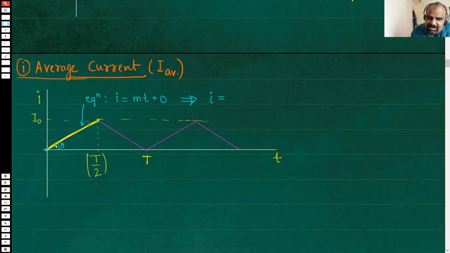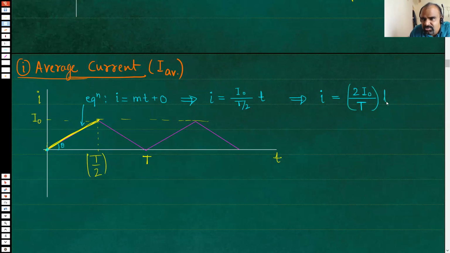Let's say this is theta, so tan theta will be I naught by T by 2. So I equals I naught by T by 2 into small t. So I equal to 2 I naught by capital T into small t. This is the function. Is that fine? What happened to this suddenly?